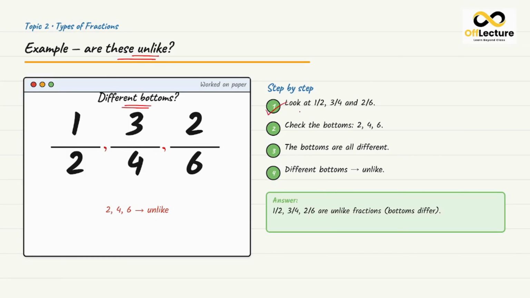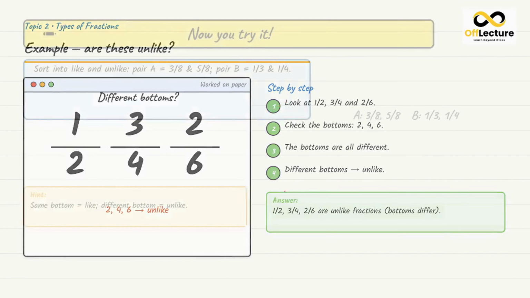The first step is to look at 1 by 2, 3 by 4 and 2 by 6 and check the bottoms. It is 2, it is 4 and it is 6. So all the bottoms are different? Yes. Since all denominators are different, they are unlike fractions.